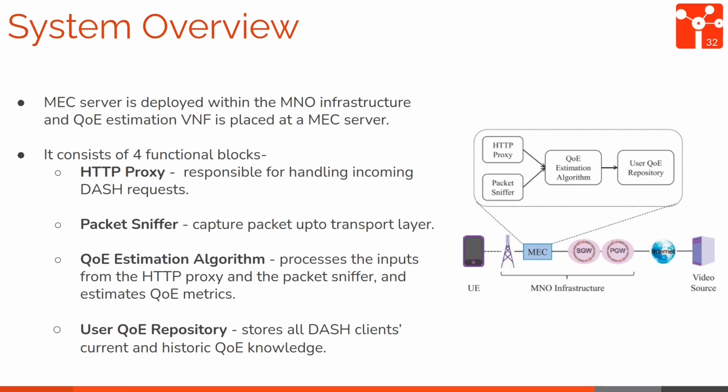The second block is the packet sniffer, which is responsible for capturing packets on the transport layer and identifying all the DASH related ones. It then processes each packet's information into an efficient one-line format, which includes the timestamp, TCP port number, the sequence and acknowledgement numbers, etc.